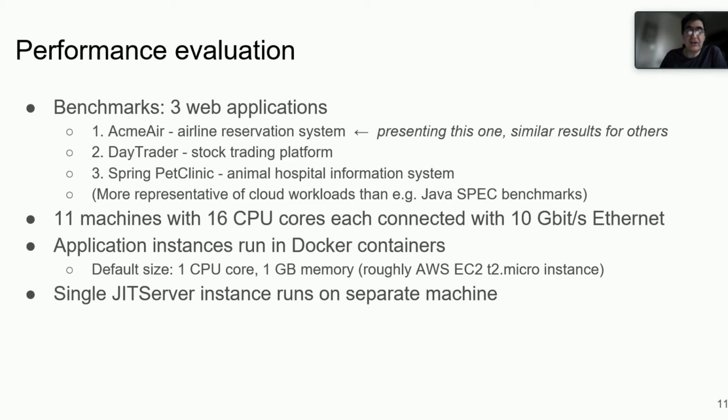All applications are run in Docker containers, and the default size for our containers is 1 CPU and 1 gigabyte of memory, but for some experiments, we vary these sizes. The server runs on a separate machine.